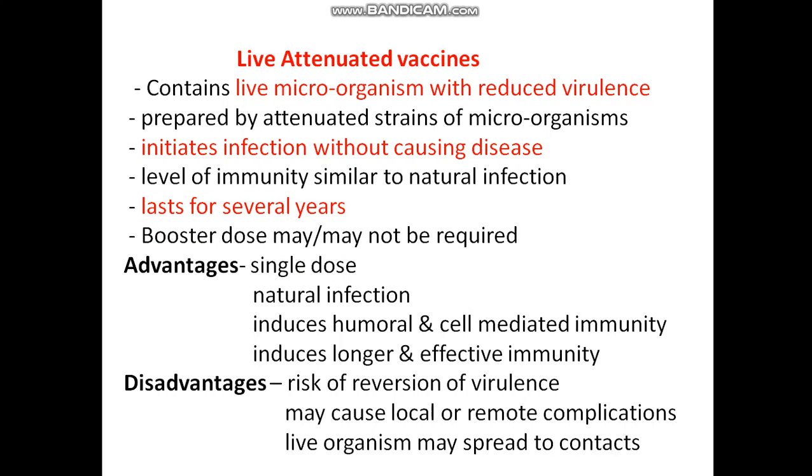Live attenuated: here is a live microorganism with reduced virulence, and it initiates infection without causing disease. The immunity is similar to natural infection and lasts for several years. Advantage: single dose, and natural infection induces both humoral and cell mediated immunity. Disadvantage is the risk of reversion of virulence.